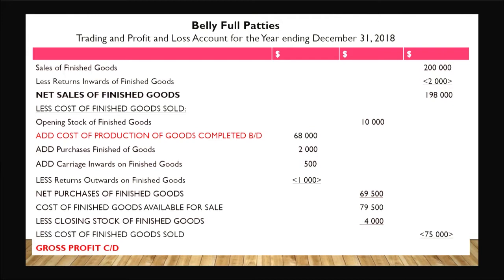The gross profit sum in this case is going to be $122,500. Students, again, in setting out to do a manufacturer's trading account, it is pretty similar to that of doing a sole trader's trading account.